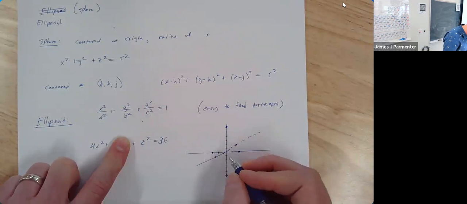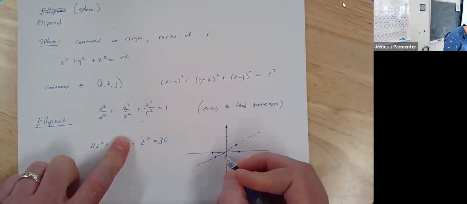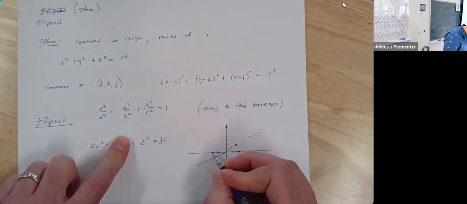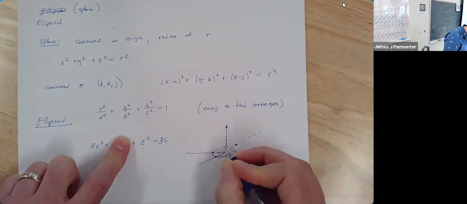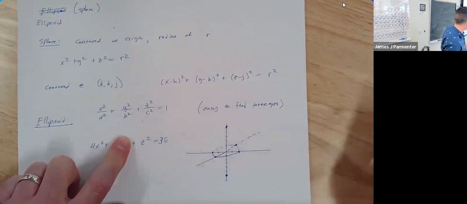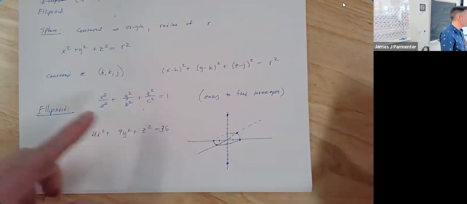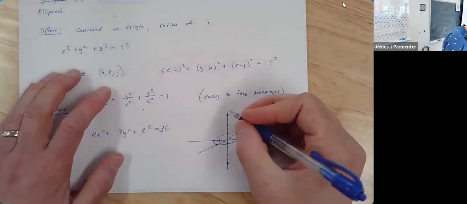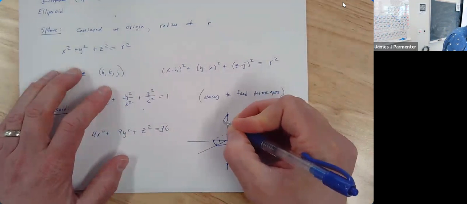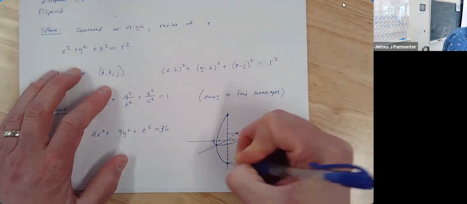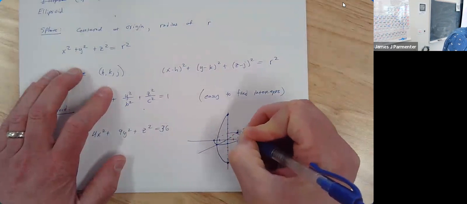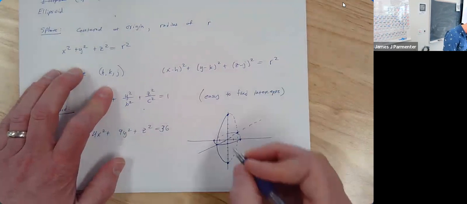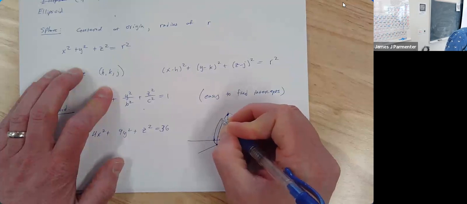So I've got my trace in the xy plane is an ellipse, although it looks kind of circular the way I drew it. One axis is a length of 2, one axis is a length of 3. And in the xz plane, also an ellipse. And in the yz plane, also an ellipse.